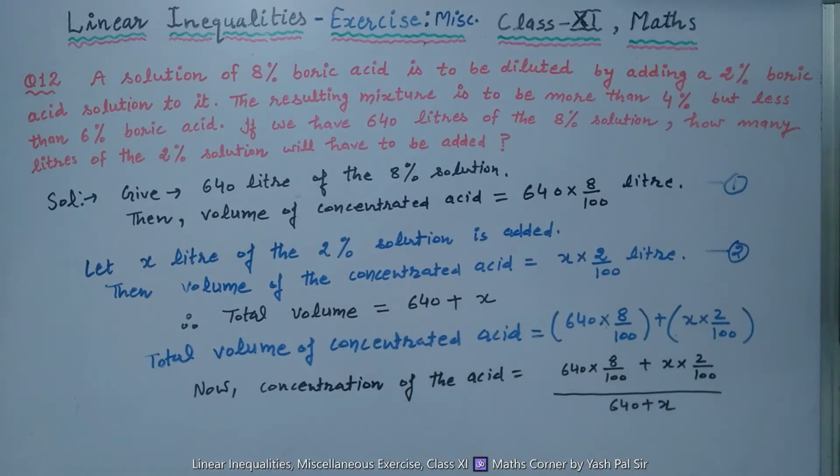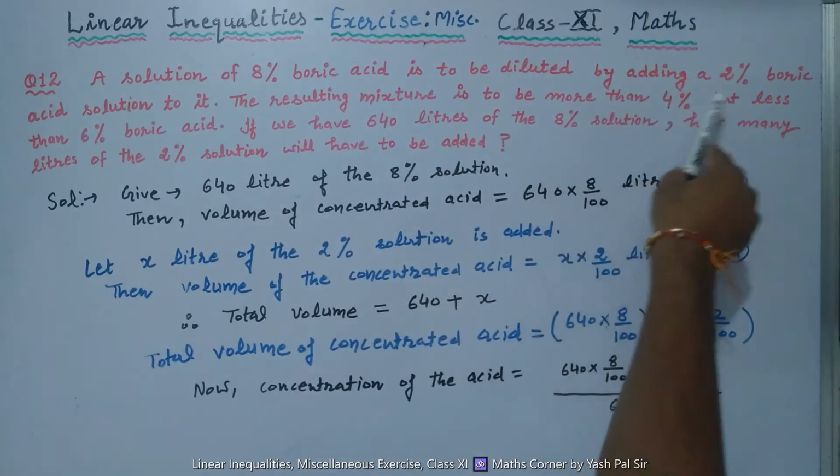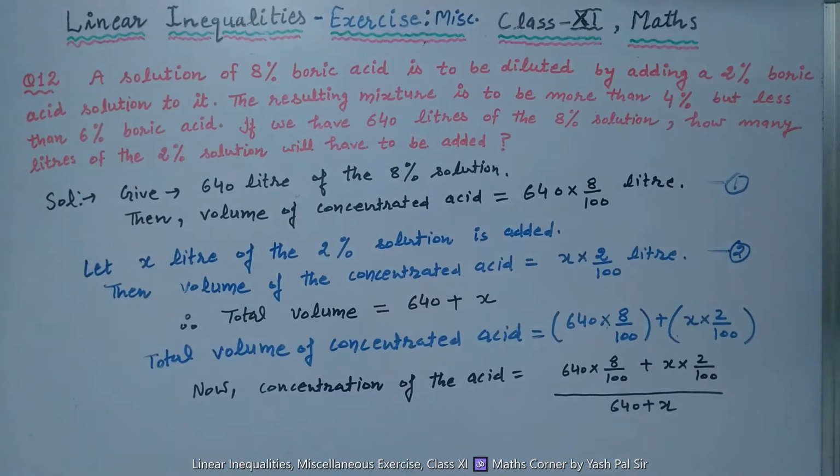Now what is the condition? The resulting mixture is to be more than 4% but less than 6% boric acid.